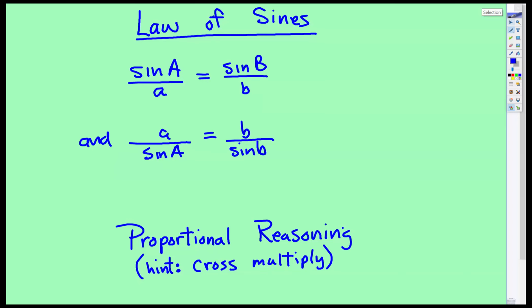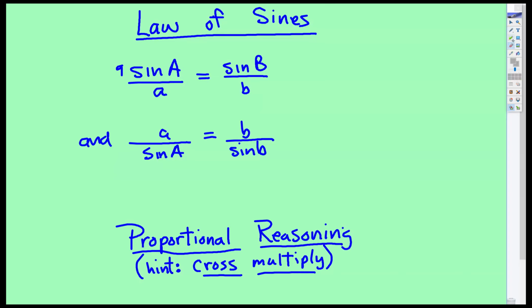So if you have an angle, let's say an 82-degree angle, and you knew the side A was 12, that's going to be proportional to the sine of angle B, and let's say the side B was 9. That's all this is saying: when you have information, you can set it up as a proportion. And remember, with proportional reasoning, you can cross multiply to solve.